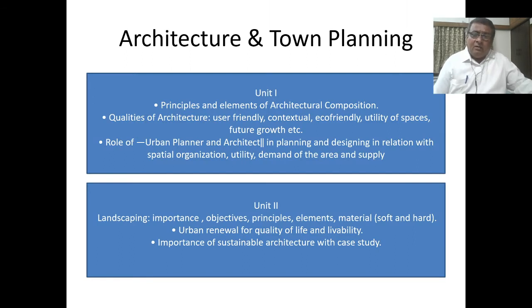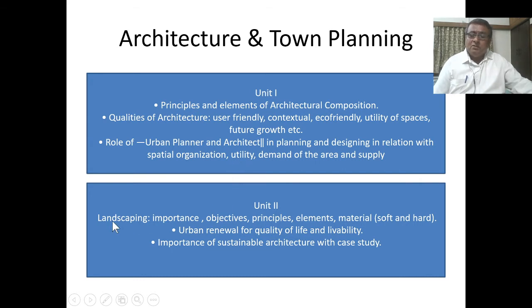Now as I said earlier, this subject is divided into 6 units. Unit 1: the topics are principles and elements of architectural composition. Second topic, qualities of architecture: user friendly, contextual, eco-friendly, utility of spaces and future growth, etc. Third topic, role of urban planner and architects in planning and designing in relation with spatial organization, utility, demand of the area and supply.